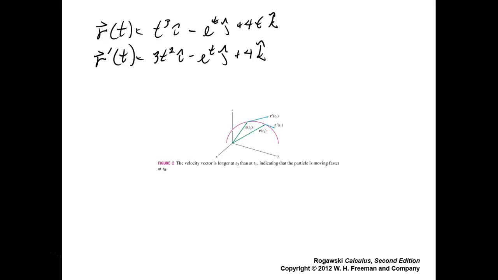Now, what would we do next? We're looking for the speed. What was the equation for speed? We have to find the magnitude of that r prime.